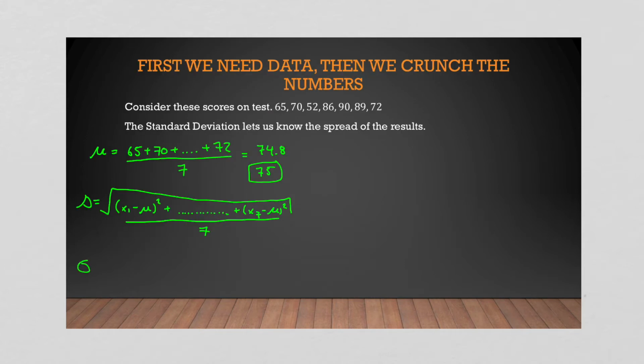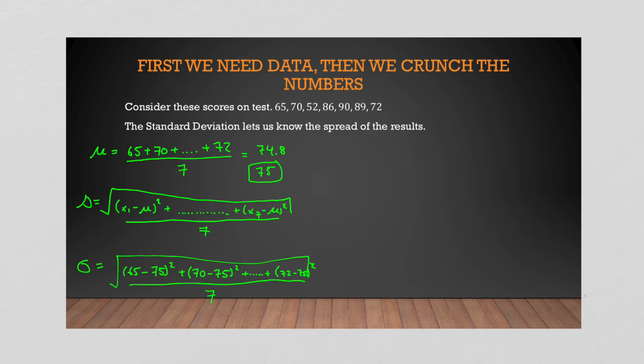So my standard deviation is equal to, in this case, I'm only going to show the first few, all right? The square root of 65, that's my first number, minus my average, squared, plus 70 minus my average, squared, and then all the rest, and then plus 72 minus my average, squared. And then I'm going to divide all that by 7.